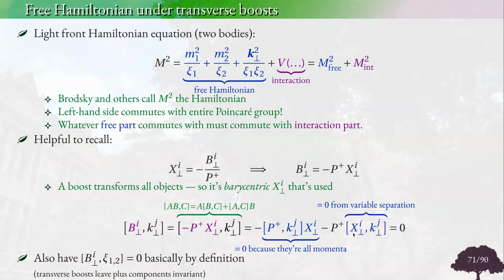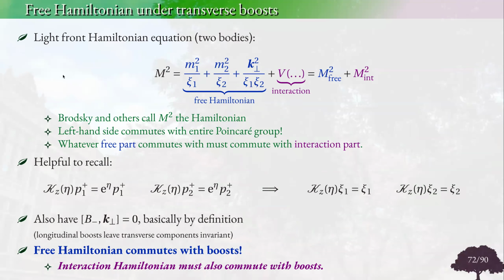We have a total X perp with a relative K perp. And you also have that these momentum fractions commute with transverse boosts basically by definition, because transverse boosts leave plus components invariant and these Xi's are ratios of plus components.